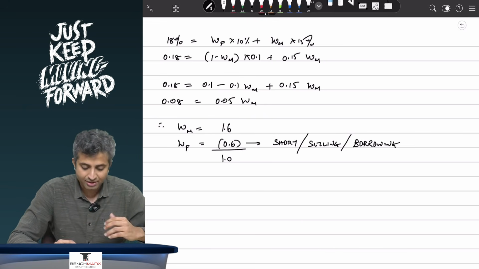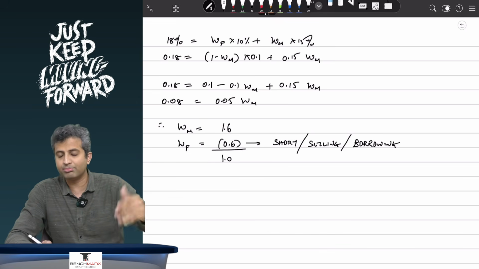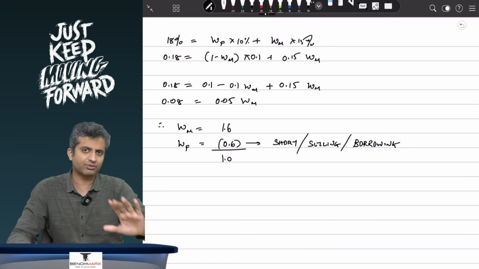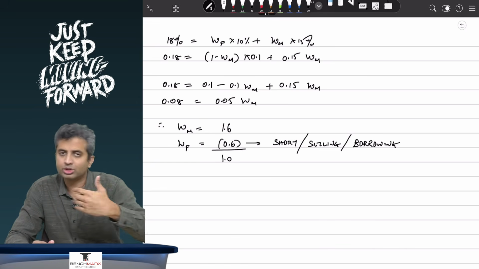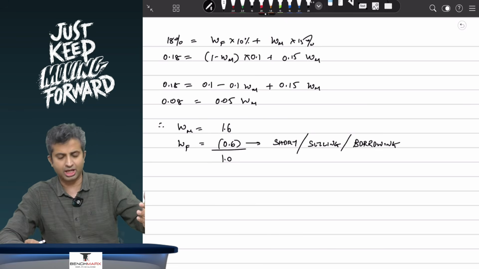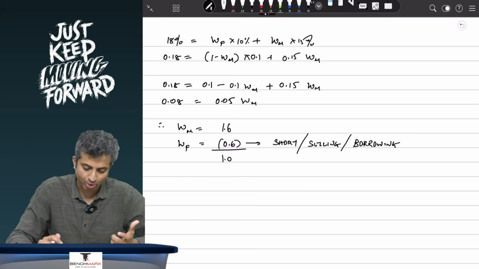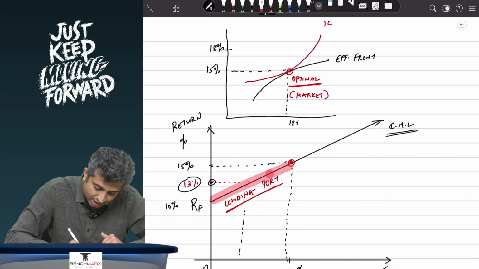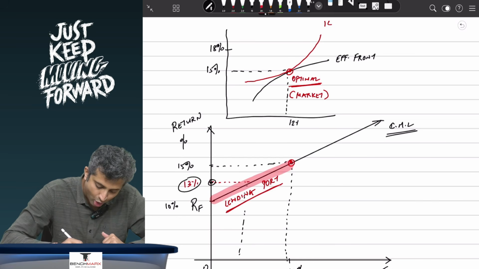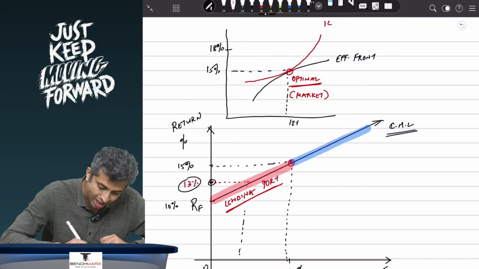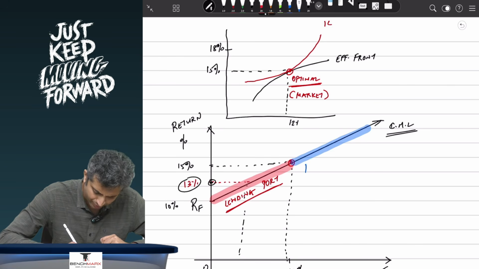So if I want to increase my return beyond the market, I will short the risk-free security, that is borrow at the risk-free rate, and invest a higher amount than what I have in the market portfolio. That is why the combinations on the other side, above this, will be called the borrowing portfolios.